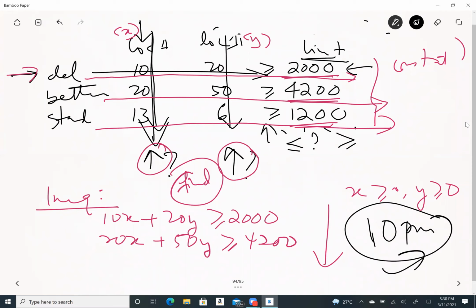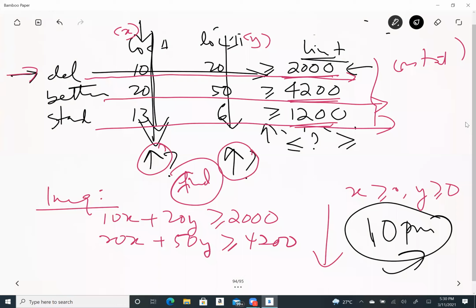Sir, if we still cannot find the feasible region? Then just submit what you have, and next class, next week, we'll discuss. I got the feasible region.